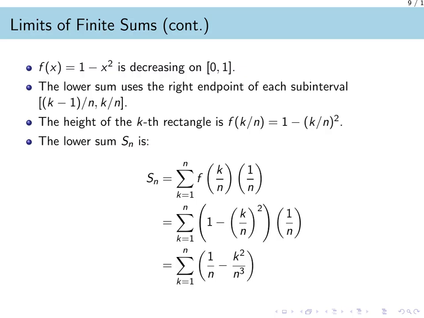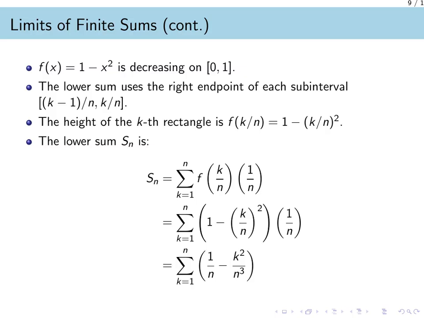For the k-th subinterval, this right endpoint is located at x equals k over n. Therefore, we use the function's value at this point as the height for our k-th rectangle. This height is f of k over n, which equals 1 minus the quantity k over n squared.